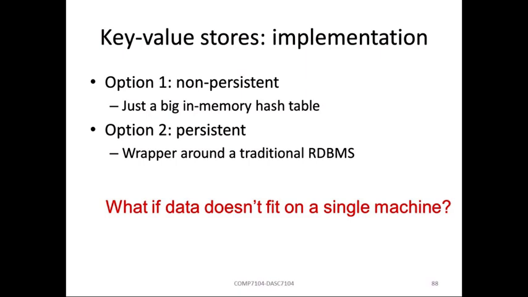The option one would be to just use a big in-memory hash table, but obviously this is not persistent and we may not have enough main memory. The second option would be to use a traditional relational database system, with a table with just two columns, key and value.